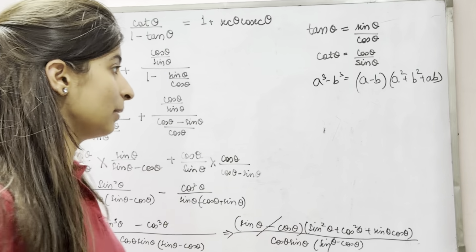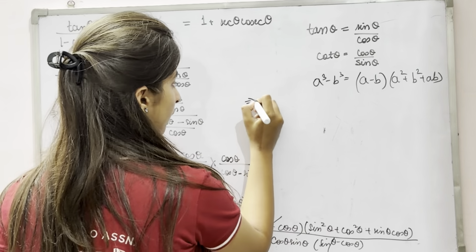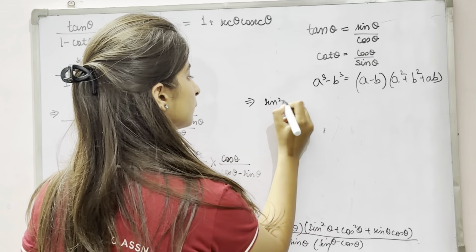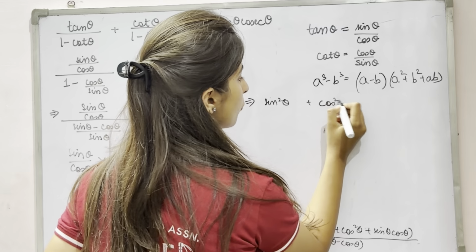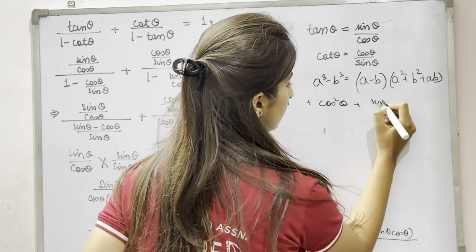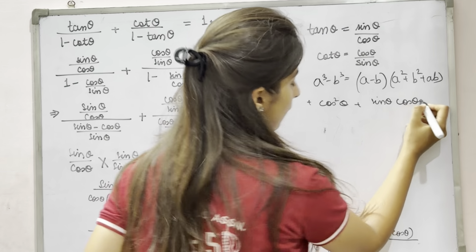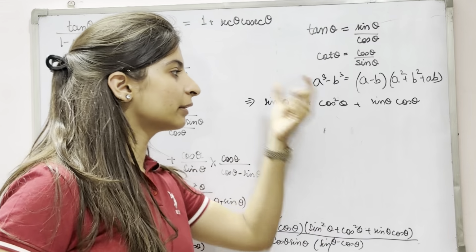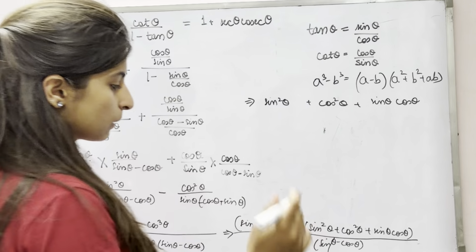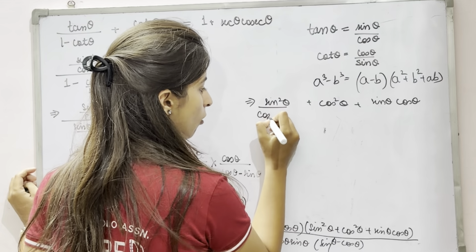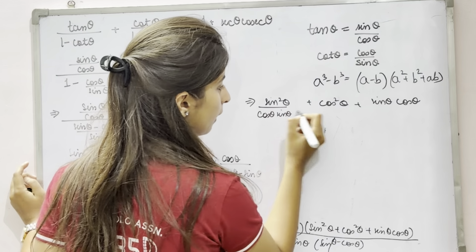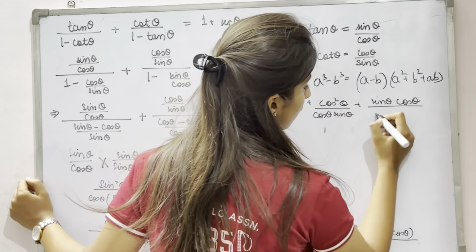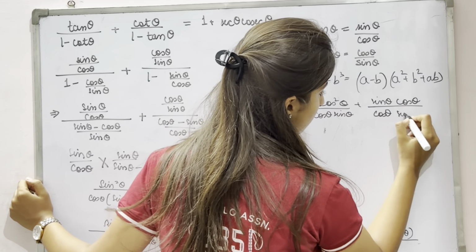Now this is what I have left. I am going to write it upwards at this point: sin square theta plus cos square theta plus sin theta cos theta, and I am giving this denominator to all three numerators individually. I am just splitting it upon cos theta sin theta.